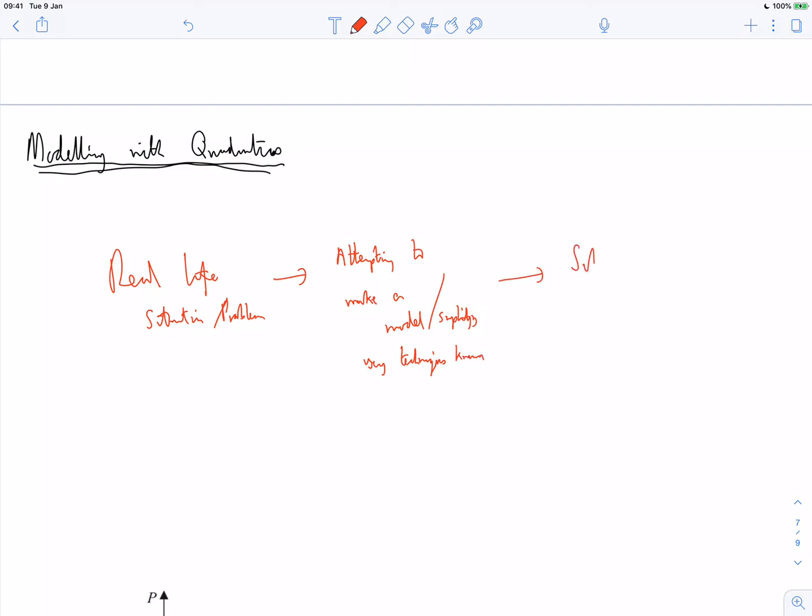Then you solve the model and then you apply it back.